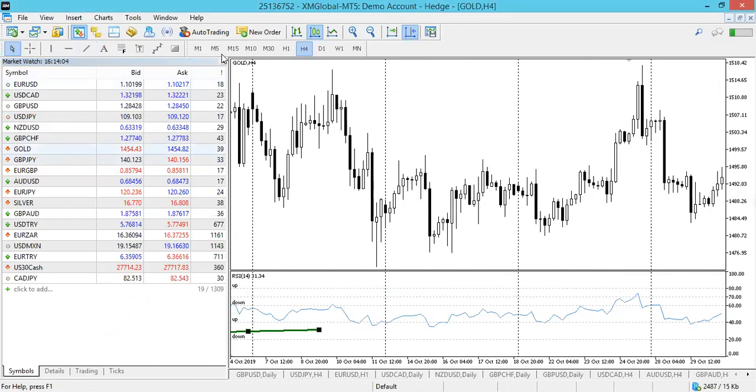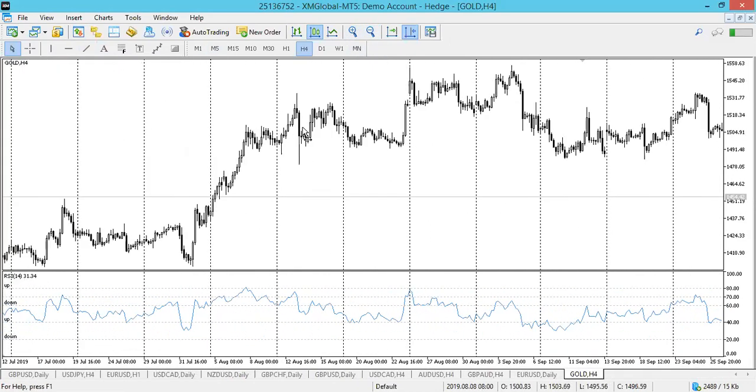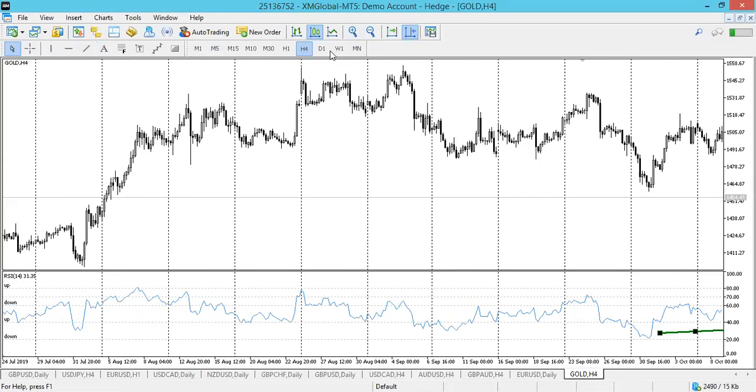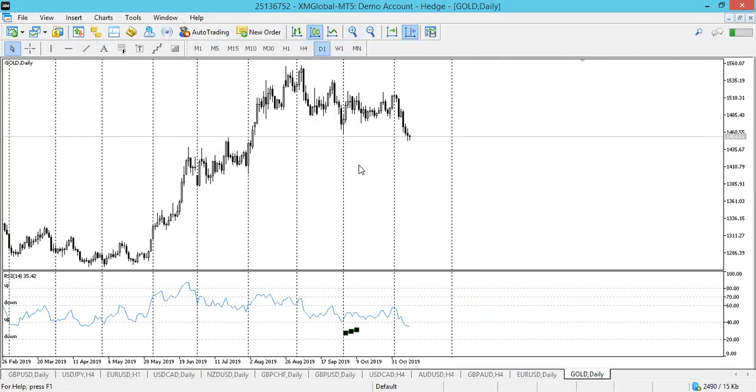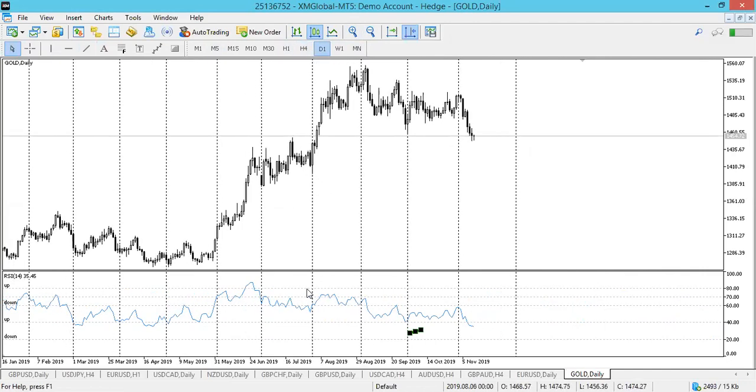Gold, I think it gave a very nice looking divergence, no? Before it fell down. Ayan. So, makikita natin, I think, mas malinaw siya sa daily chart niya. Okay. So, over here, the market was clearly going upwards. Pataas na siya.